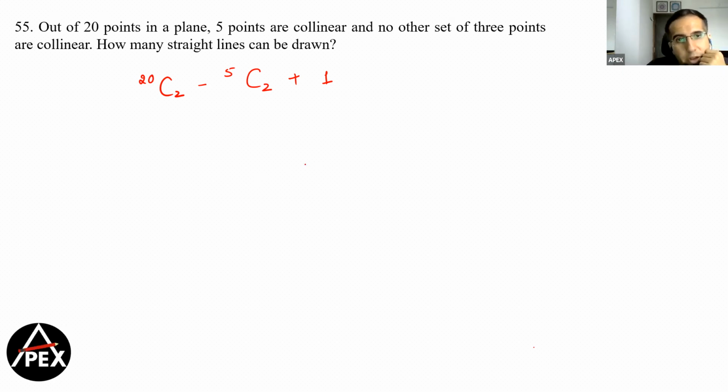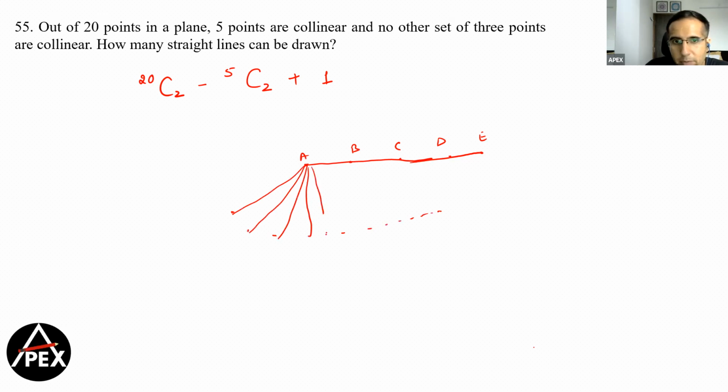Because if 5 points are collinear, this one line has to be counted. See, when you're saying 15C2, you're eliminating the possibility of these 5 points with other points here. The others are non-collinear. If this will be counted, no?